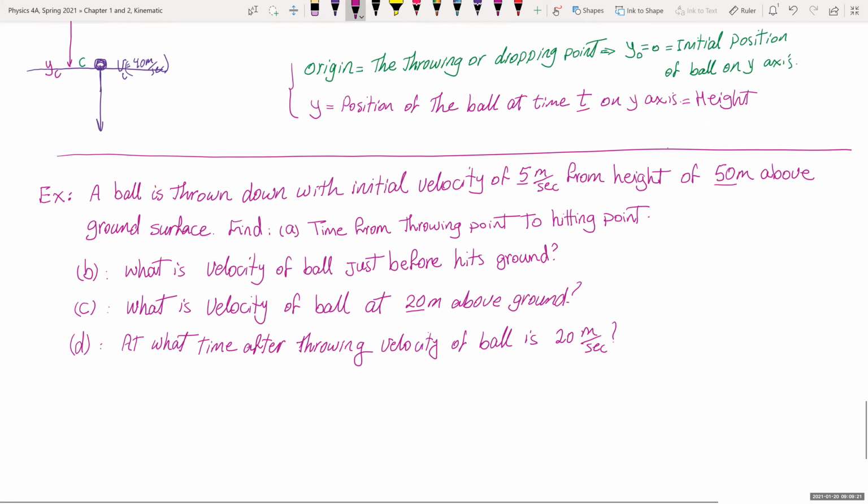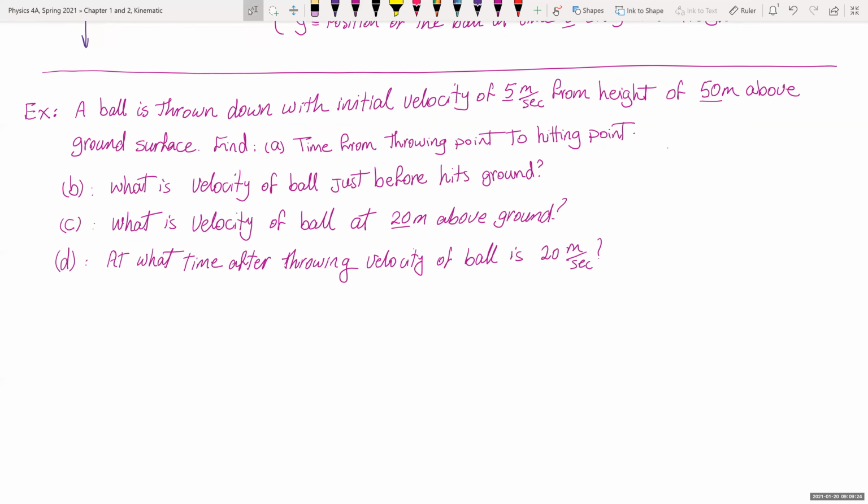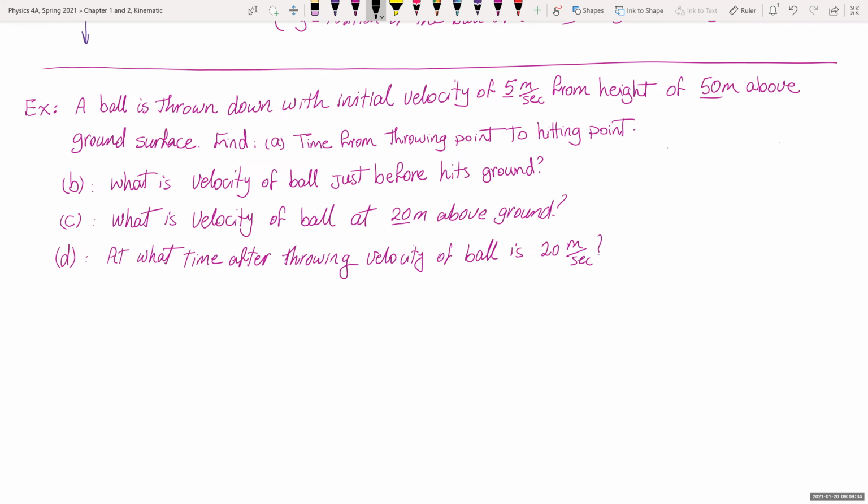These are the kinds of questions that you may have in your exam. So I want all of you, please, to focus and let's see how we can solve problems.